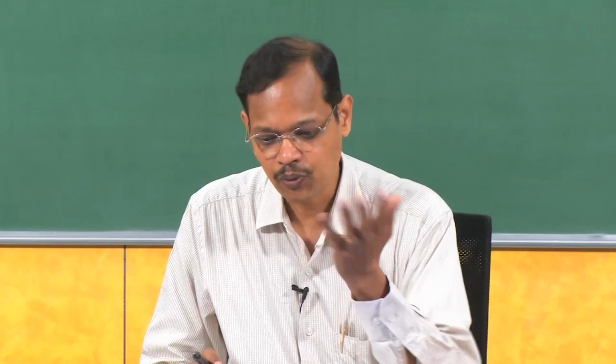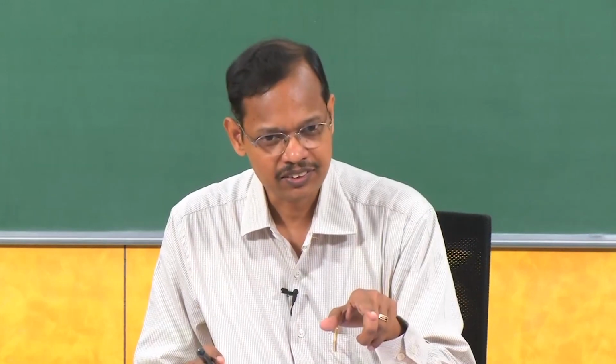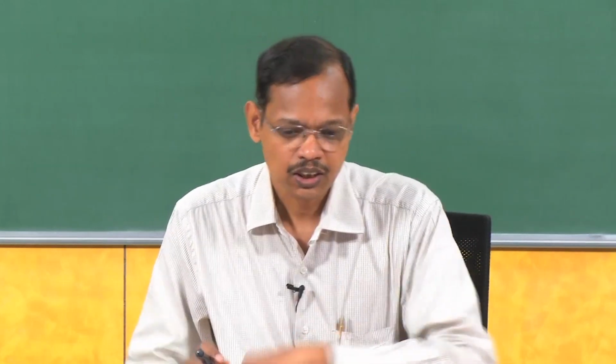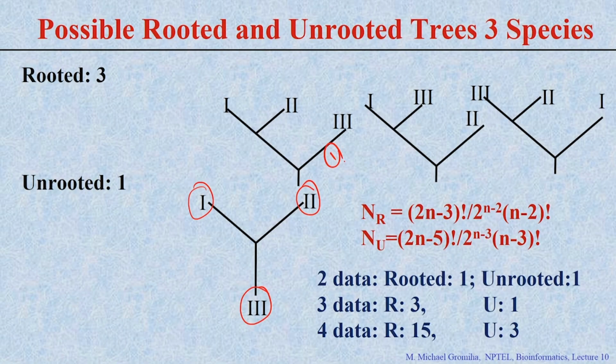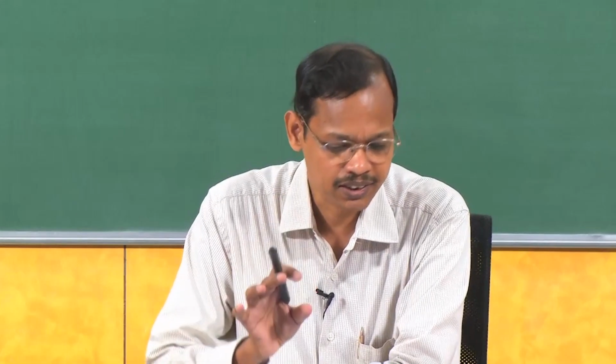But in the case of rooted ones, the ancestor could be 1, 2, or 3. In this case you will have 3 different ways to construct these rooted trees. There are 3 different ways you can have the rooted trees if you think about the ancestor.